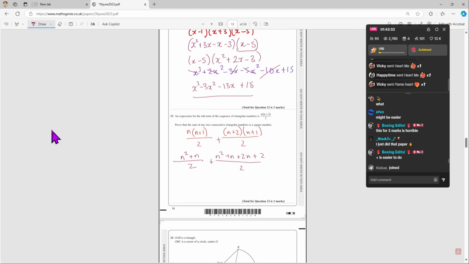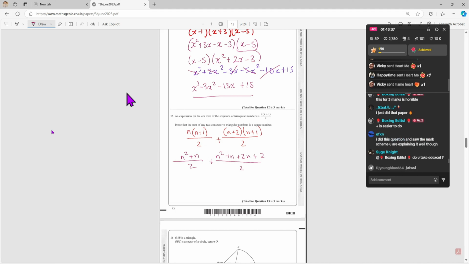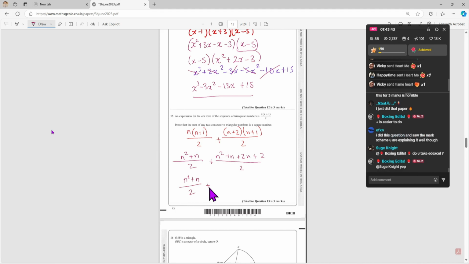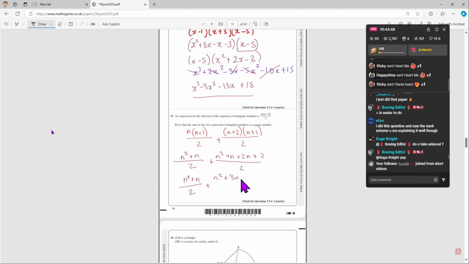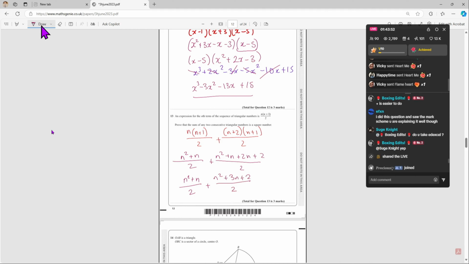Now, once we have done that, you would first of all simplify this to n squared plus n over 2 plus n squared plus 3n plus 2 over 2. Okay?